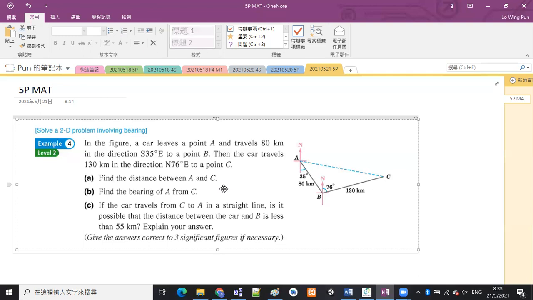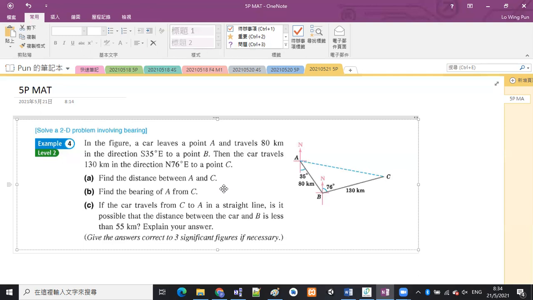So this angle is sticking with the south direction. And then for the second one, this 76 degrees should be sticking to the north direction, but not the east one, not this angle. Get this? It's always like this. The definition. You need to remember this.